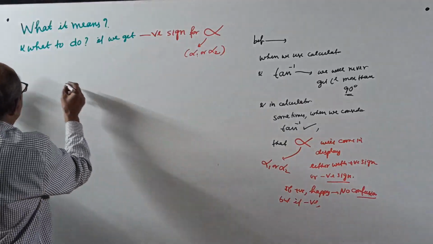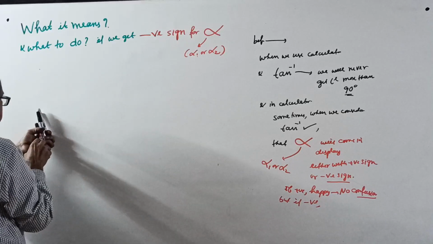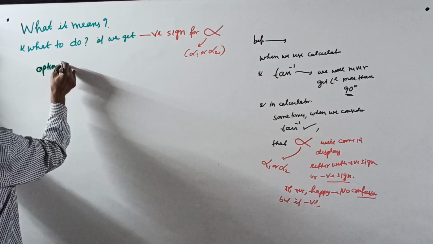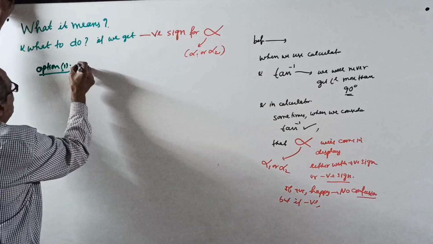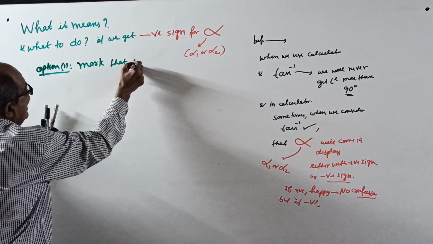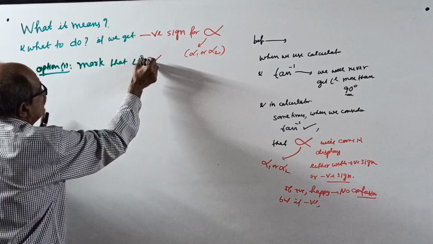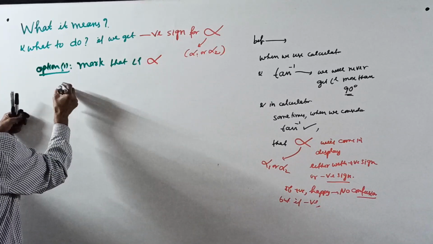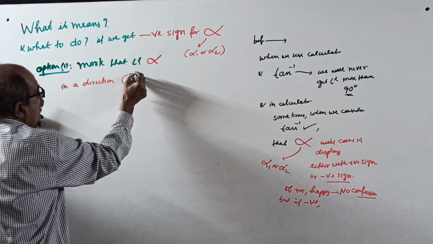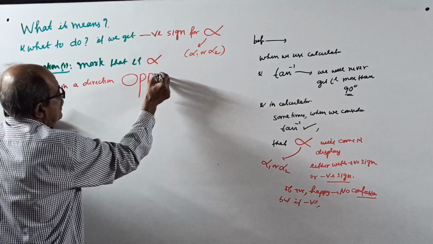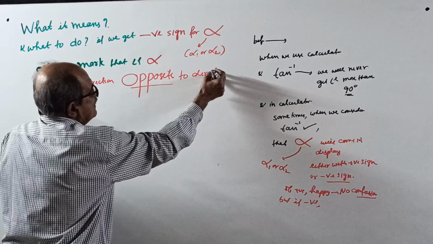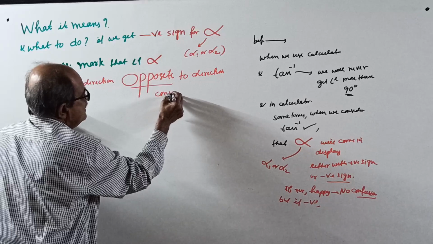So, I will give you option 1. Option 1 will be: mark that angle alpha, again I told alpha 1 or alpha 2, in a direction opposite to the direction considered in the sketch.